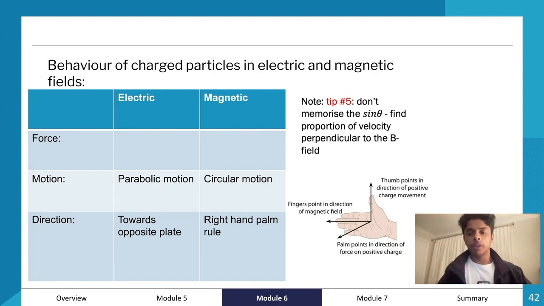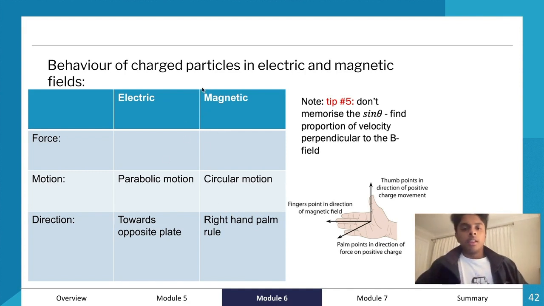With a magnetic field, however, it's a bit different. The force exerted by a magnetic field is always perpendicular to both the direction of the magnetic field and the direction of the velocity of the charged particle. This is for a charged particle entering a magnetic field.